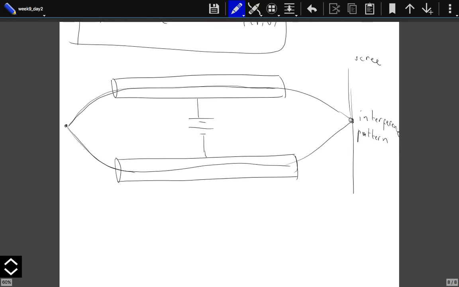Now, you can see it also using the path integral formalism. Let's say the final position at the time t final, the initial position at the time t initial.